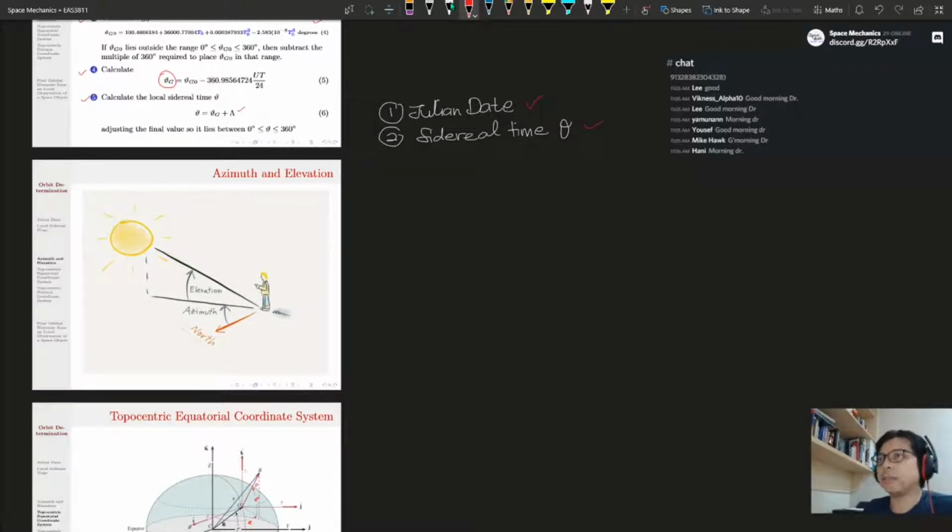Those two are pretty much the basics of finding time in Julian date, and also finding the local sidereal time, and pretty much your position also.